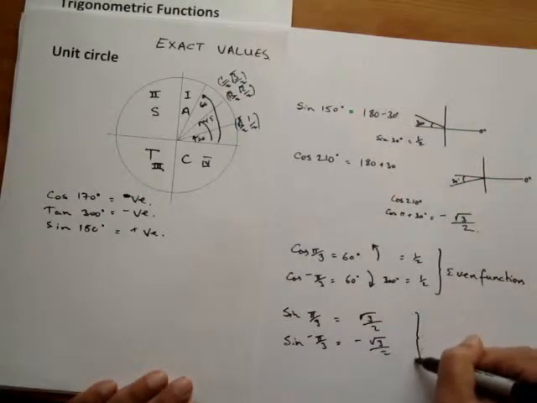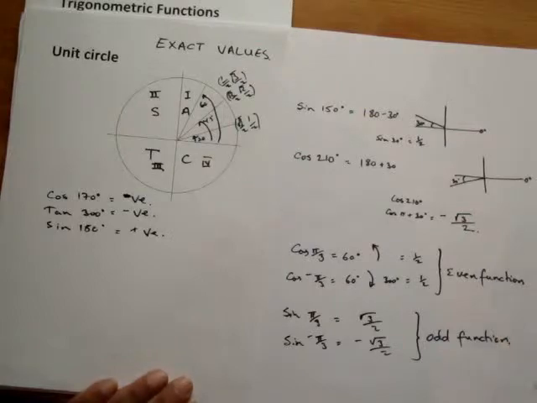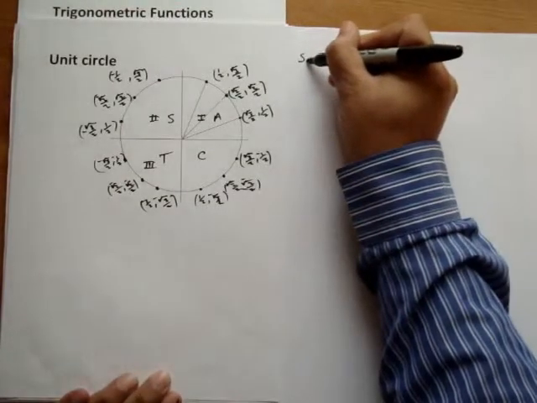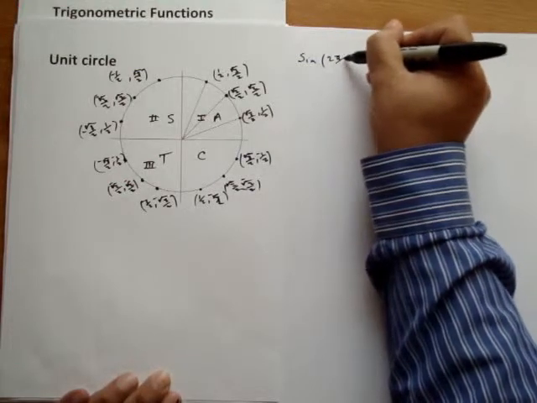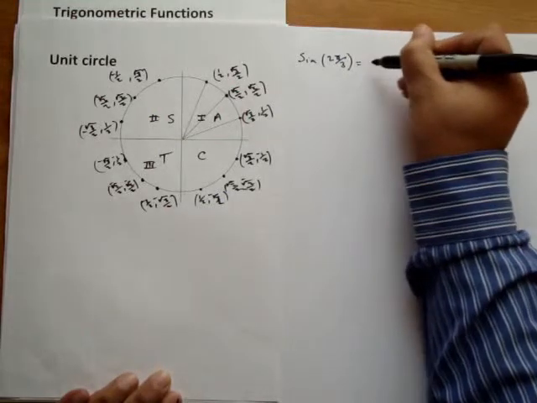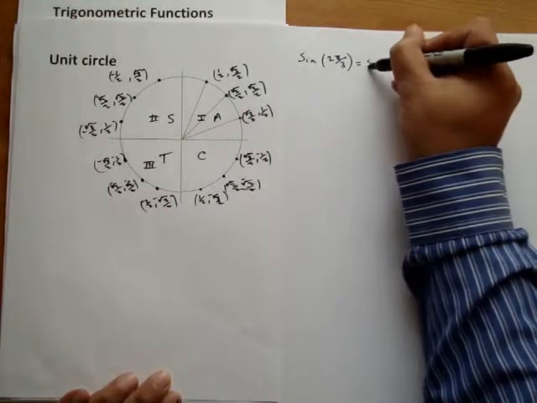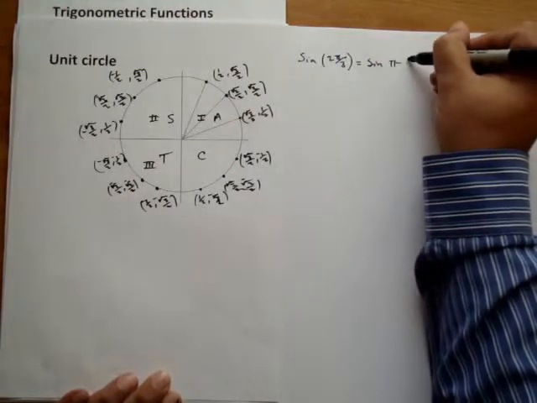And this is called an odd function. So if we had sine 2 pi over 3, 2 pi over 3 is the sine of pi minus a third pi.